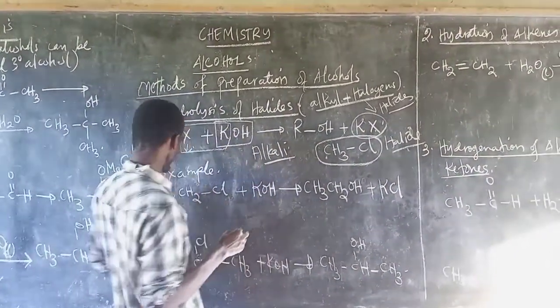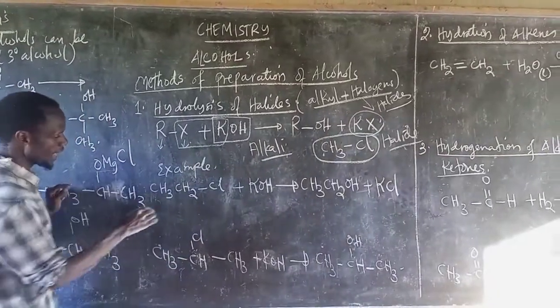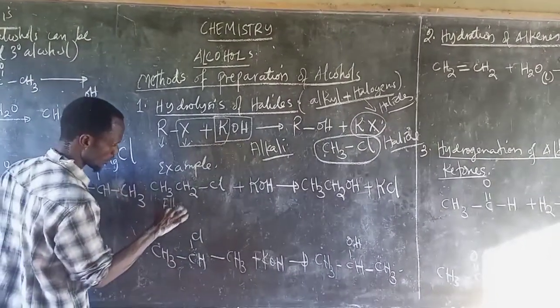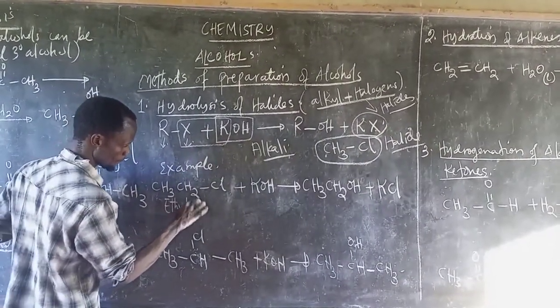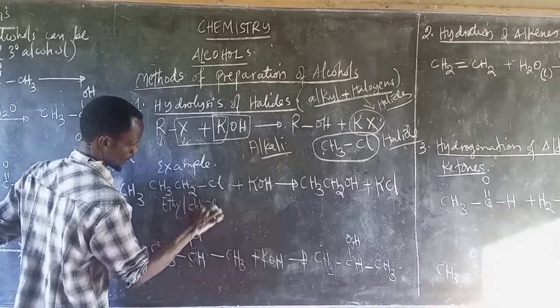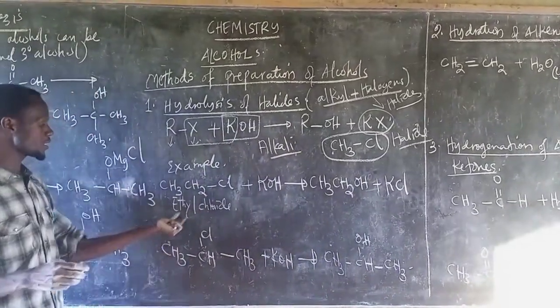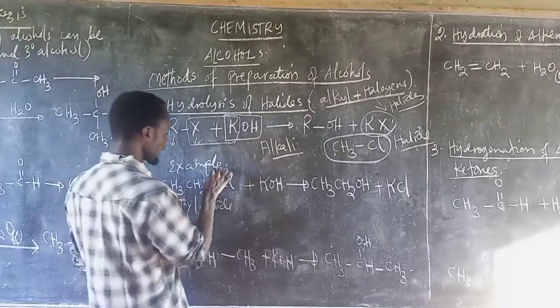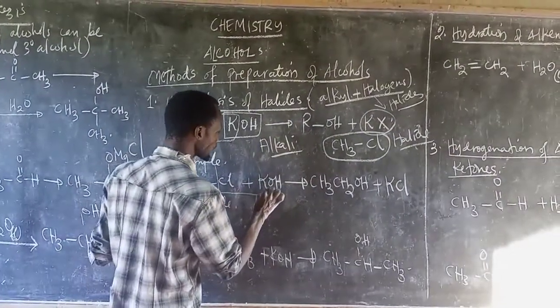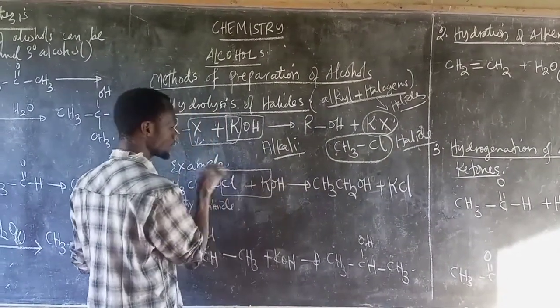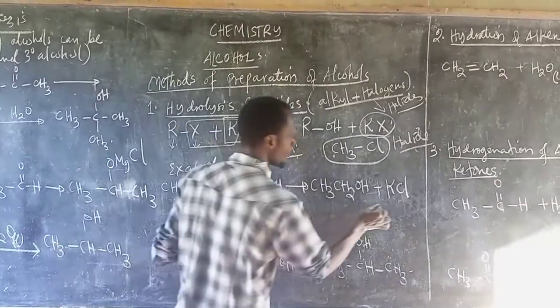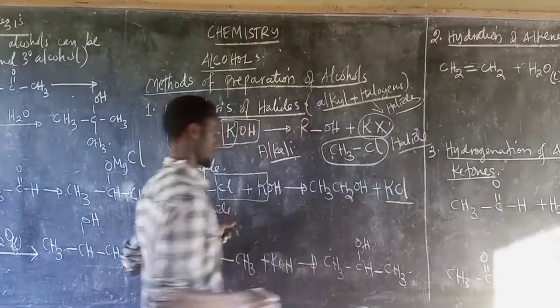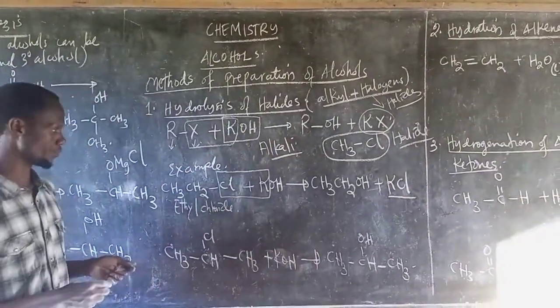And this is the example: this is ethyl chloride. This chlorine will get together with this potassium to form potassium chloride. This is what is formed.